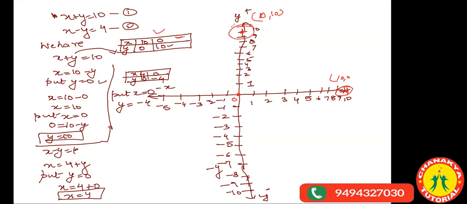So now join them. Clear, beta? Now draw another line.